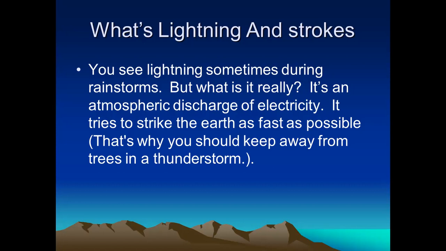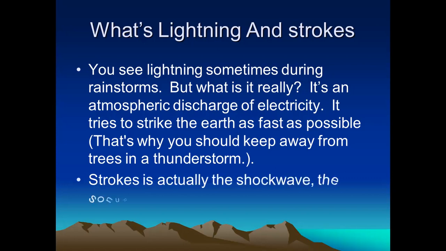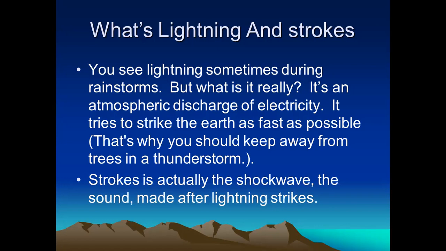So a tree will be a good low resistor path for the lightning. So it will definitely follow the path through the tree. So it will be very dangerous for anyone if he or she is standing beneath the tree during the rain. So avoid it. Strokes is actually the shock wave, the sound made after the lightning strikes.